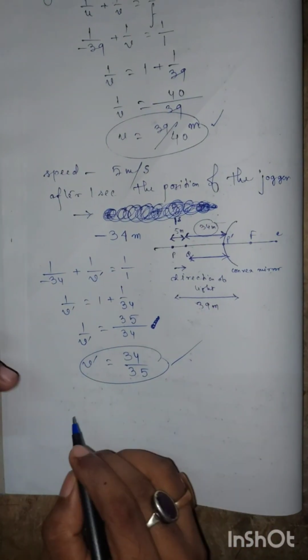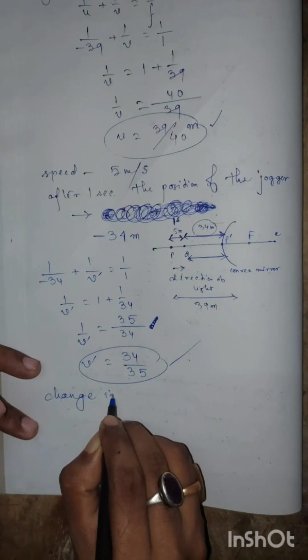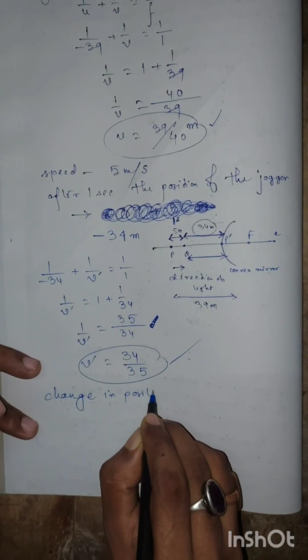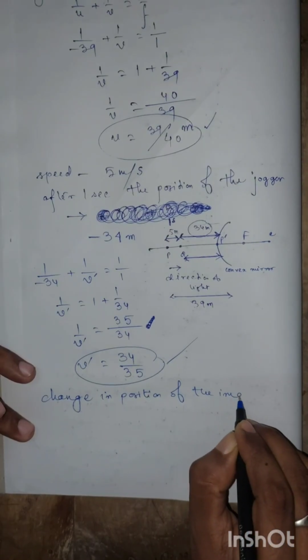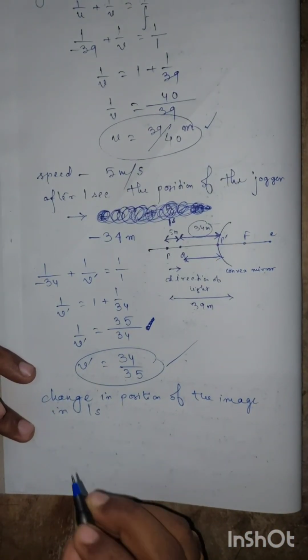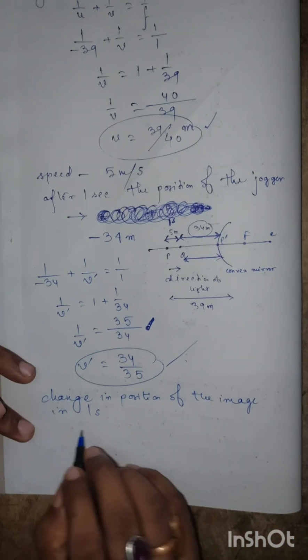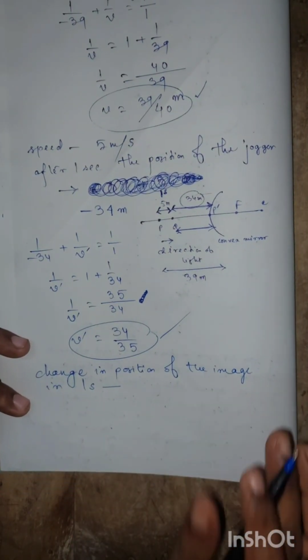So the change in position of the image in 1 second is this.